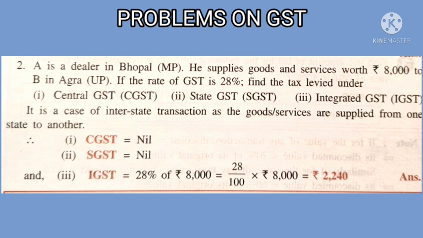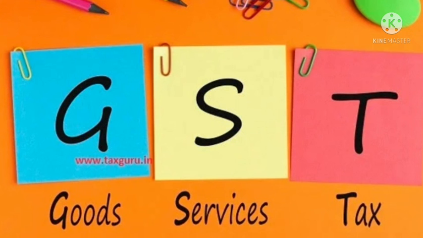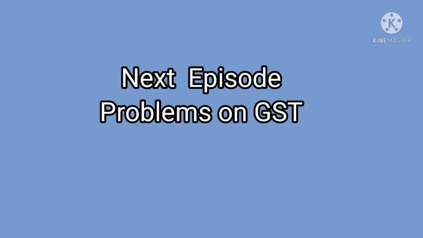Therefore here CGST and SGST are not applicable. Since it is an interstate transaction problem, only integrated GST is applicable, and therefore integrated GST is 28% of 8,000, that is 2,240. Okay. So for today this is up to here, and next day we will solve more problems on GST.